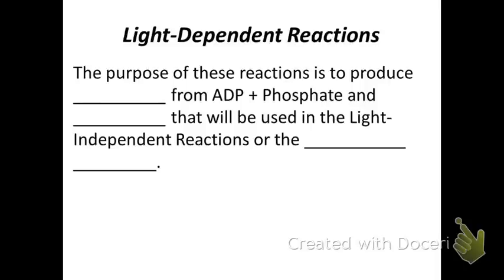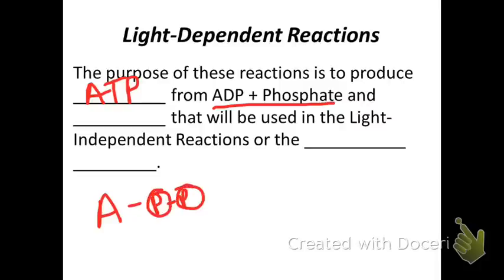So the main purpose of our light-dependent reaction is to produce the ATP, which is a chemical form of energy. So we've taken our light energy and transformed it into a chemical energy that the cell can use. So we are producing ATP by combining ADP and a phosphate, because really the only difference is ADP is adenosine diphosphate, which means it has two phosphates attached to it.